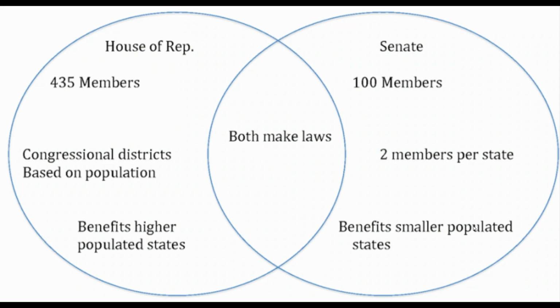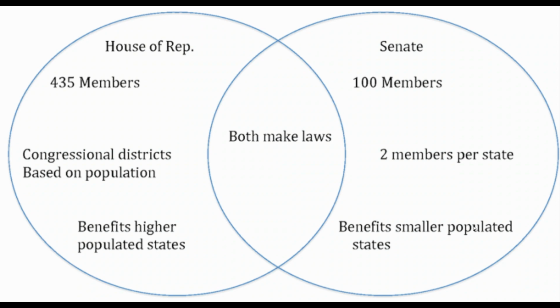Now, on the left side of our Venn diagram, we see the House of Reps with 435 members. On the right side, we see the Senate. Two members per state times 50 states is 100 members. Now, they both make laws. That's the center part there.